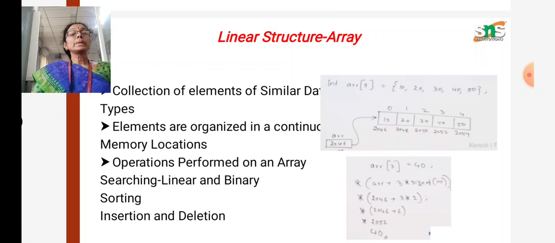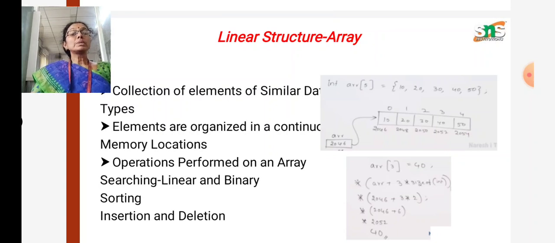The name of the array is ARR, and ARR contains the starting address of the array elements. So ARR stores 2046. It starts from the 0th index and accesses the 0th, 1st, 2nd, 3rd and 4th index values.